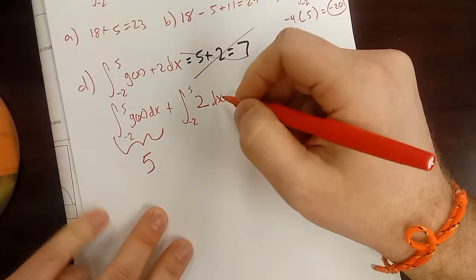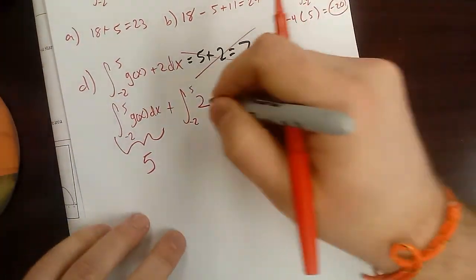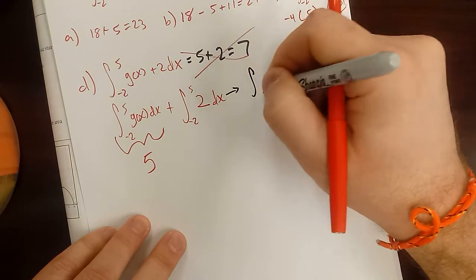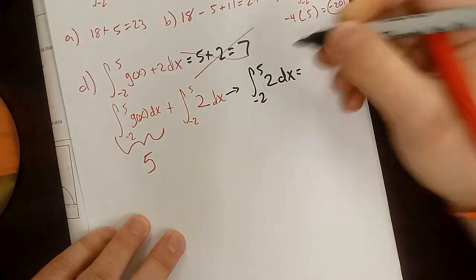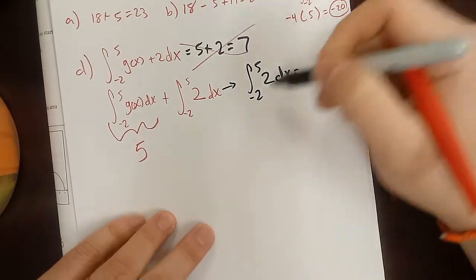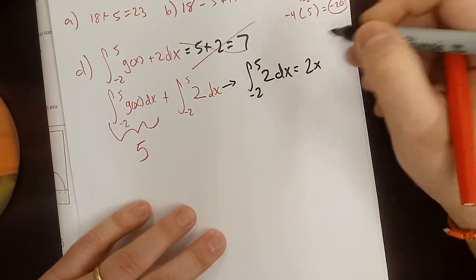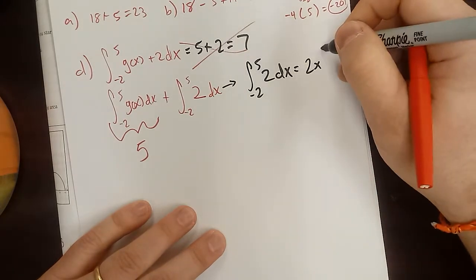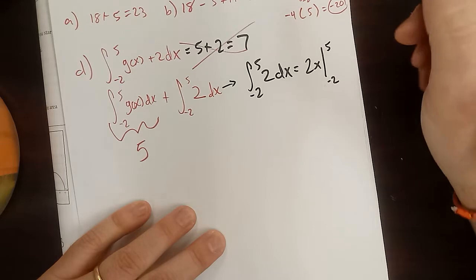If you remember earlier, the way that we did this was we would integrate it, like we normally do. So this is going to be 2x plus c, except we're going to leave the plus c off since we're doing the definite integral. We're going to go from -2 to 5.